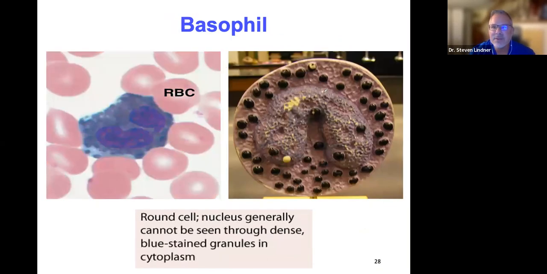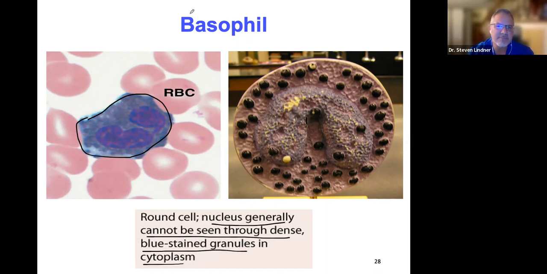Then we have a basophil, and the basophil also has large granules, and everything within this basophil is darkly stained. So when the nucleus gets obscured by the dark stained granules and it's hard to see, it says the nucleus generally cannot be seen through the dense blue stained granules in the cytoplasm.